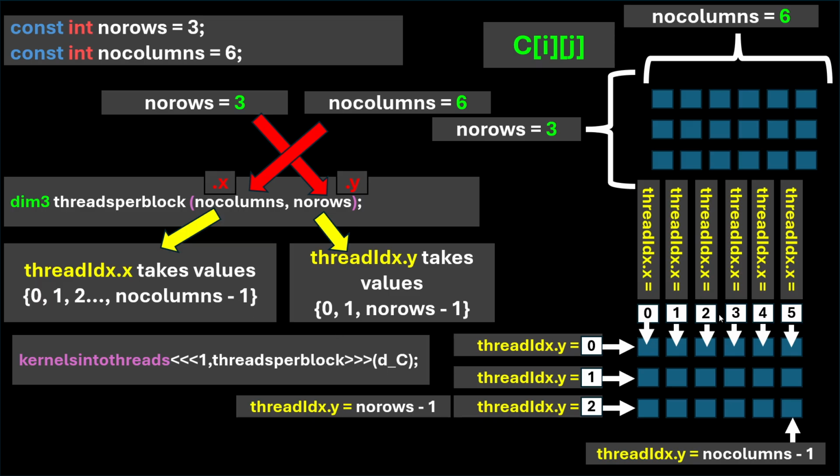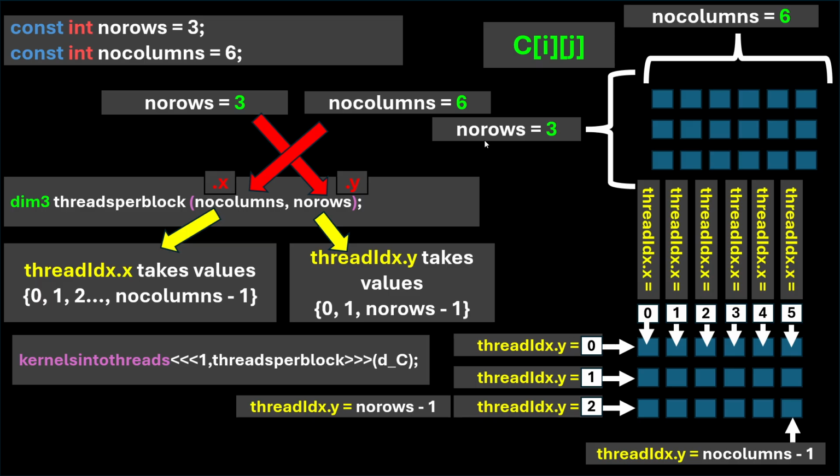So as can be seen, yes, we have 6 columns, but indexes from 0 to 5 are what specific threads pick up. So threadIdx.x for a specific thread, when calling the kernel function, is picking up these values 0 to 5, and in total it's 6.